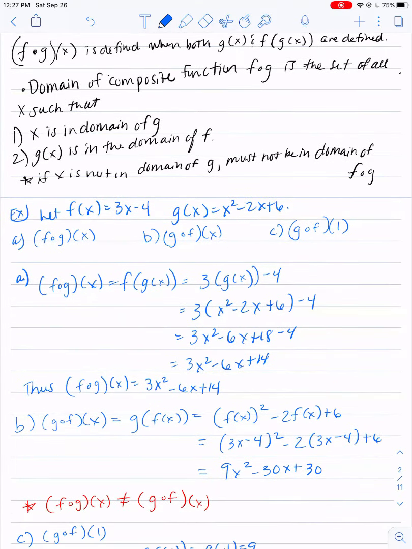So the domain of a composite function, f composed with g, is the set of all x such that x is in the domain of g, and then g of x is in the domain of f. So if x isn't in the domain of g, that means it cannot be in the domain of f of g.